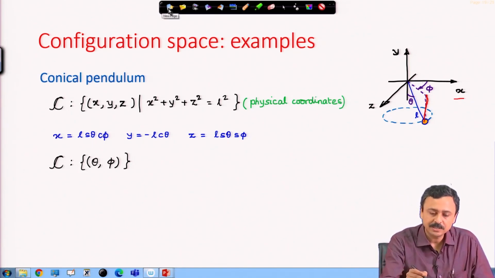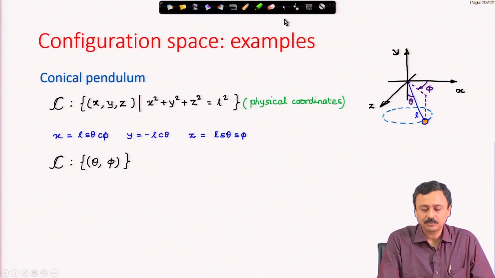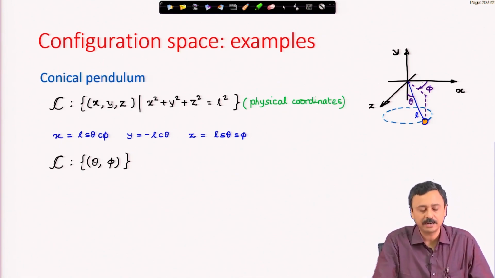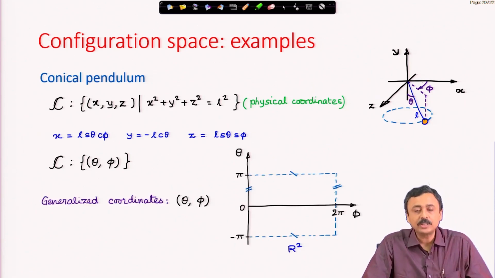I can represent the location x, y, z of the bob in terms of only theta and phi, and I have done this. Therefore, our configuration space for the conical pendulum is only theta phi. With this theta phi, I can find out x, y, z of the bob. Now, the generalized coordinates are theta and phi.